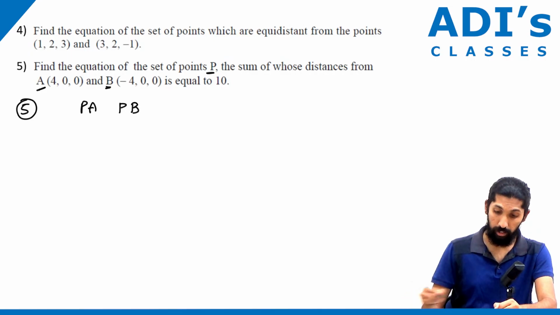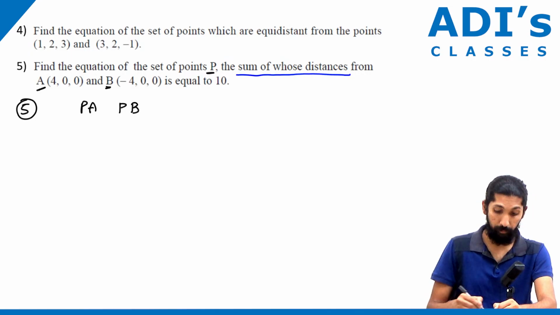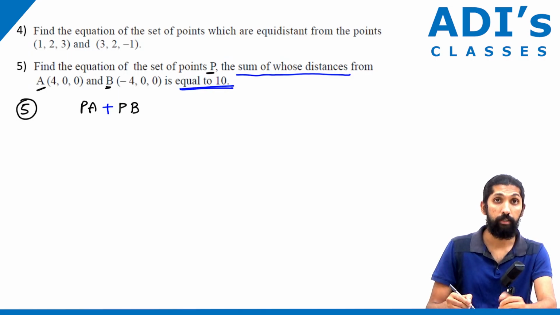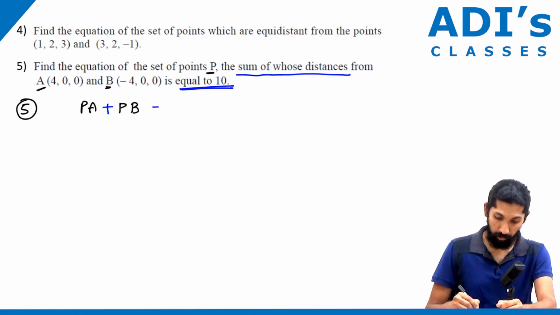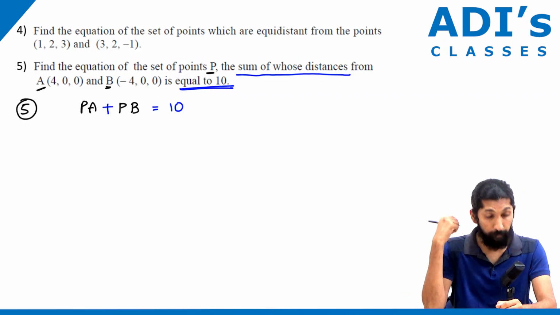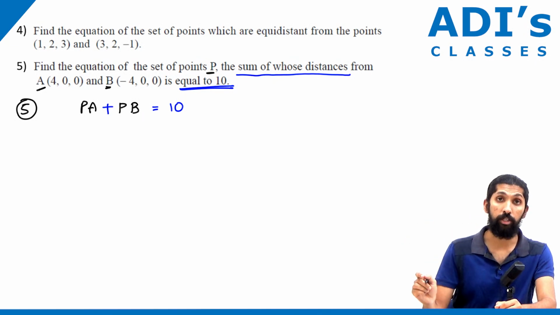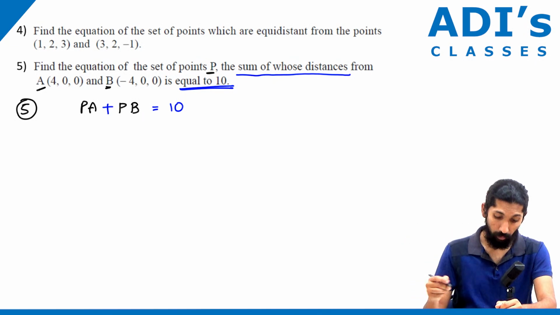The question says the sum of whose distances, that means PA plus PB, is equal to 10. Now we will get an equation. That is what they're asking. So PA plus PB is equal to 10.